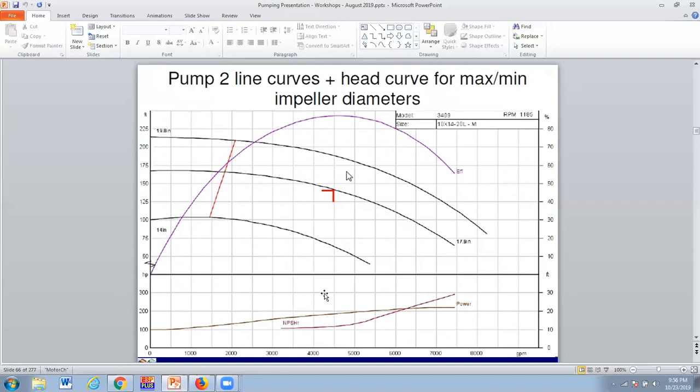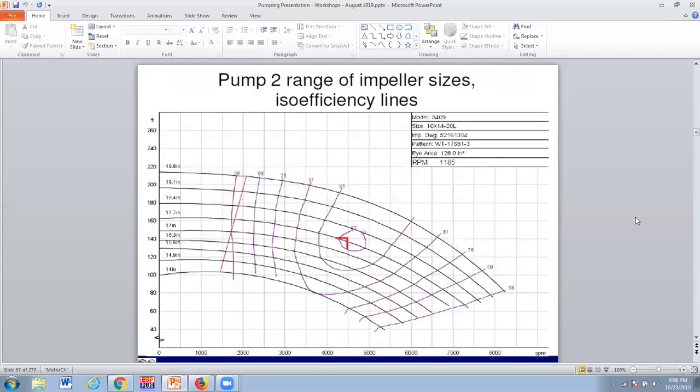Okay, so down here on the bottom, we're reading horsepower over here. So here's your horsepower curve as a function of flow rate. And here's your net positive suction head required to avoid cavitation in the pump. And it's a function of flow, and it can be read over here on this axis. Here are some ISO efficiency lines.